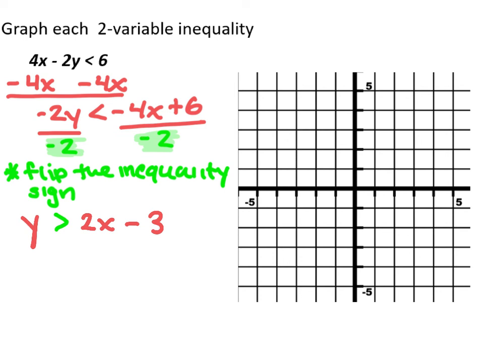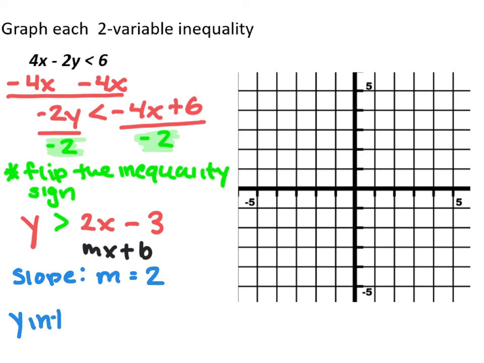Now from this point I can graph. Since this is already in that mx plus b form, I can determine that the slope, or the value of m, is 2, and the y-intercept, or the b value, is negative 3.